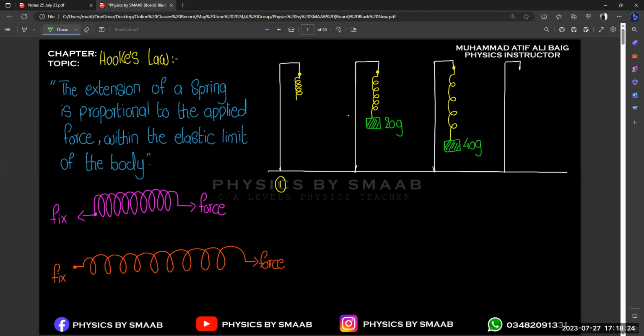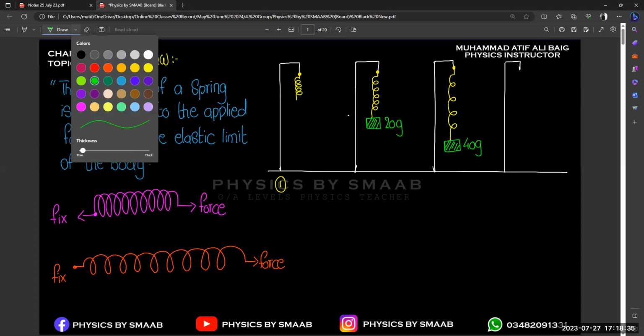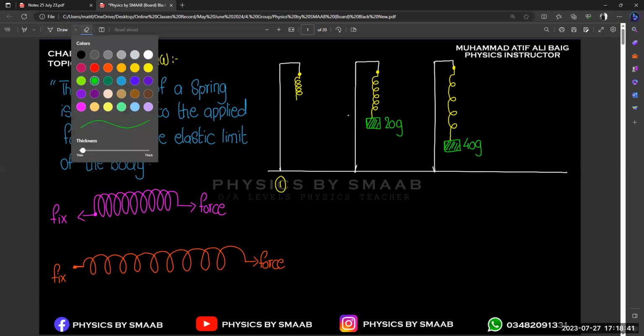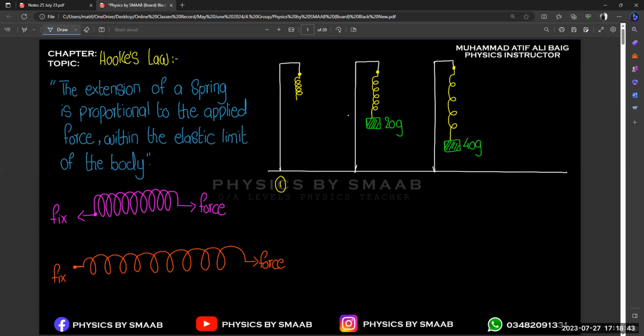So actually, when you perform this experiment, according to Hooke's law, when you increase the weight on the spring, the extension will automatically increase. Let's compare the lengths. Okay, we just consider two stands, remove the third one. What is the meaning of extension, that is also very important. So you need to draw a reference line.